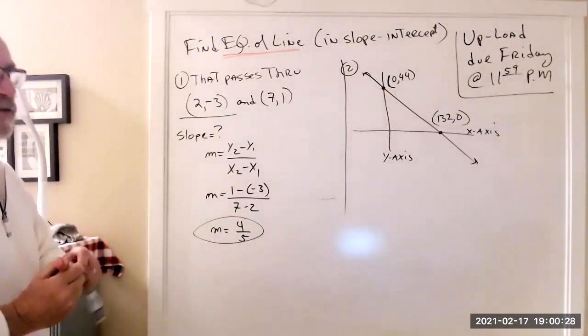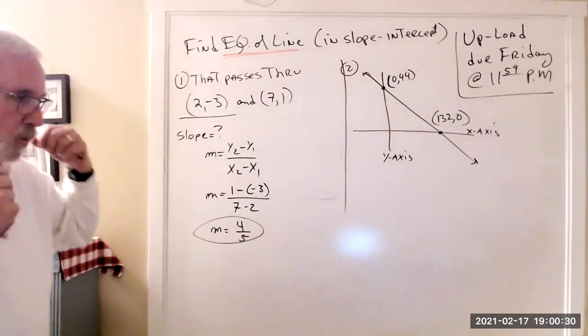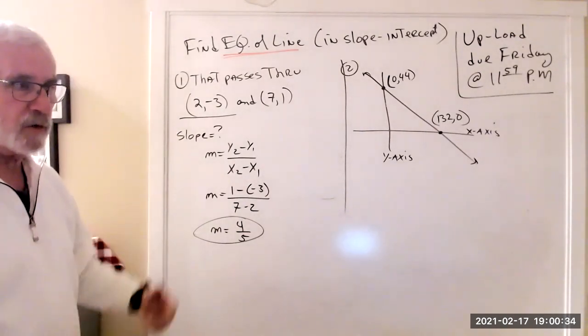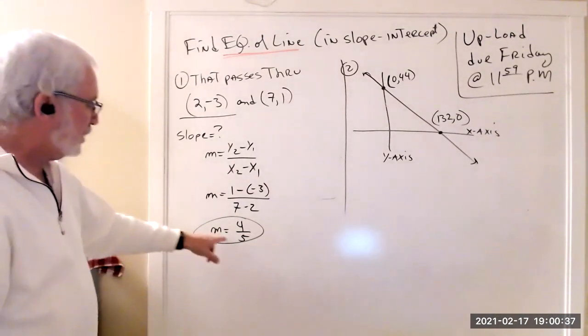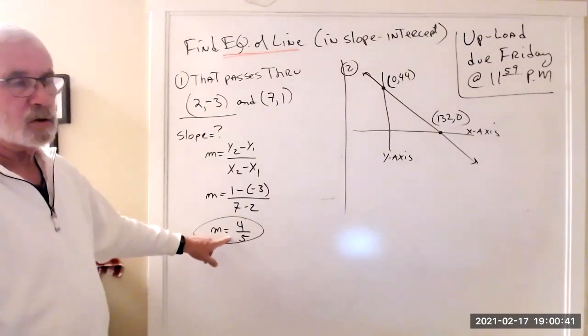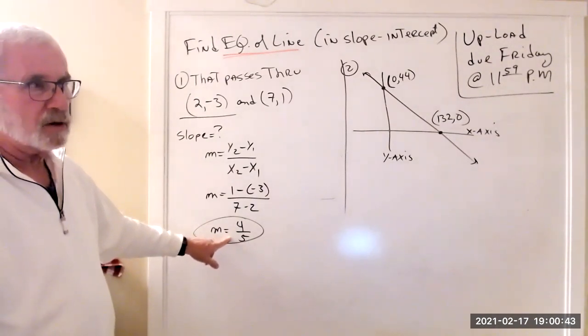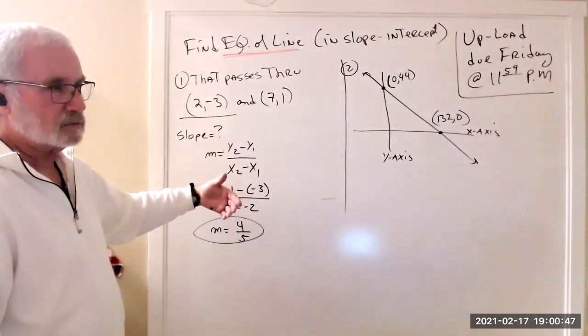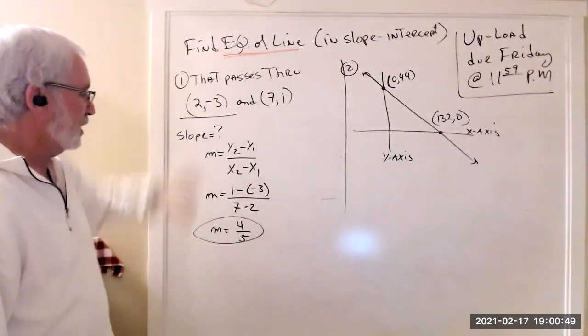I can't stress this enough: when you're doing your problems, ask yourself, have I answered what the question was? So many students go, wow, I found the slope. Cool. Well, that's not what the problem wanted. Finding the slope is a midway step.